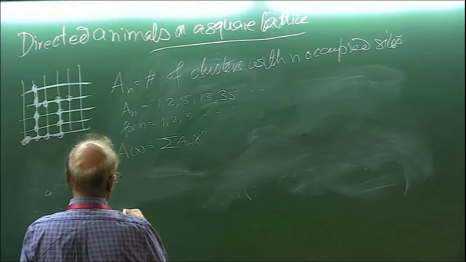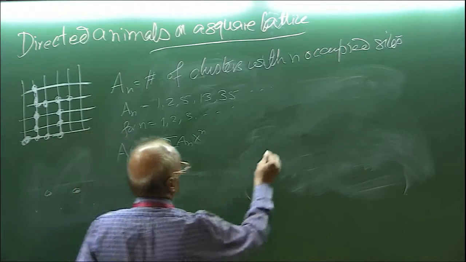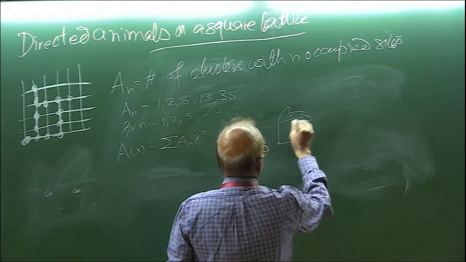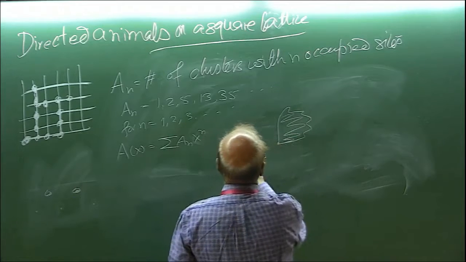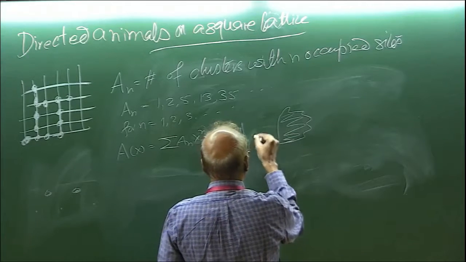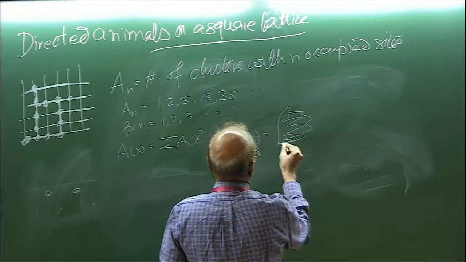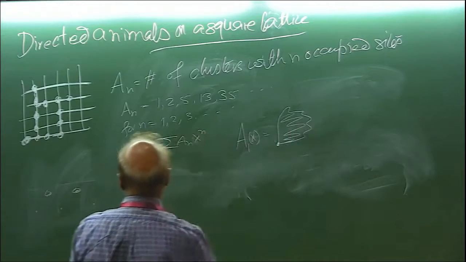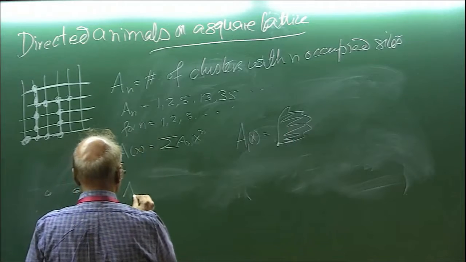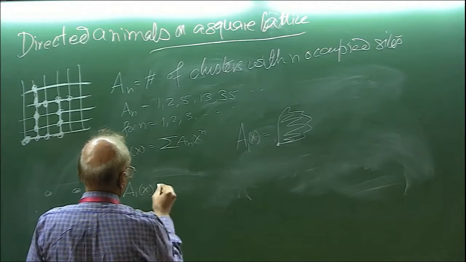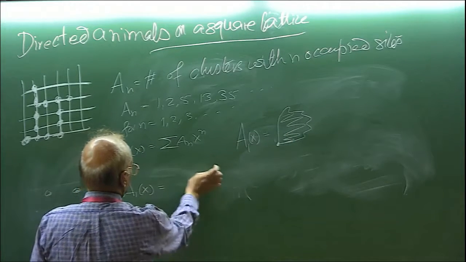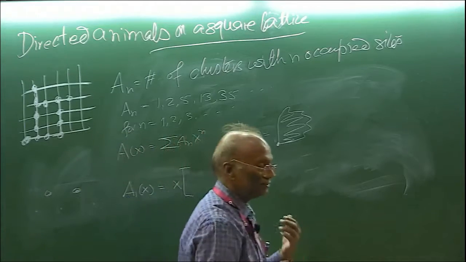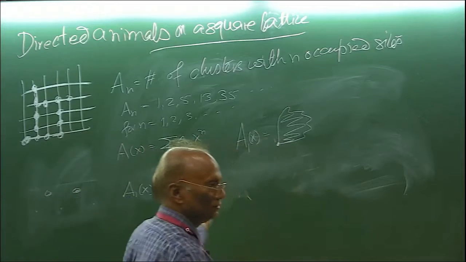So a of x is, as we wrote last time, I can start with this site and sum over all animals above it. And this will be called a of x pictorially. Start with one site and sum over everything to the right. Then we have this equation a1 of x is equal to x, because this site may be occupied and nothing is there after it, so that is just x.